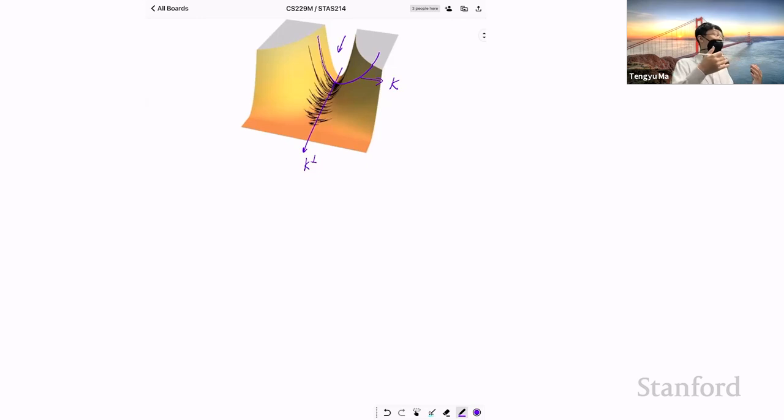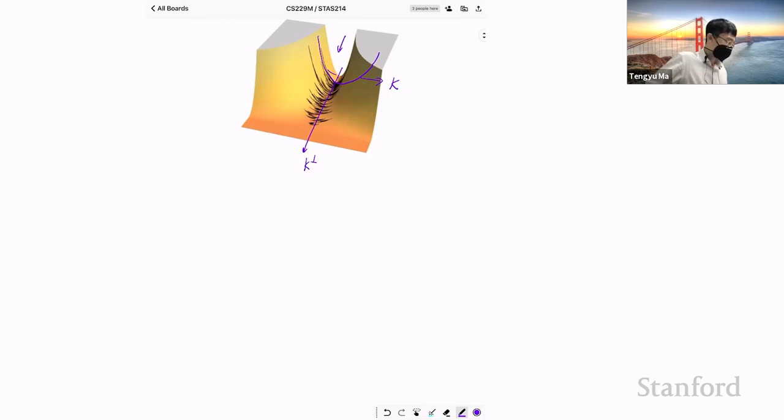You are just bouncing around in the k direction. But there is some third order term that drives you in the k-perp direction, and that can build up eventually for a long time, right? Recall that you start from here, you do a lot of bouncing around, but eventually after you bounce for so long, you move in the k-perp direction. And this is just because the third order term is accumulating for a long time until you go to the flatter region.